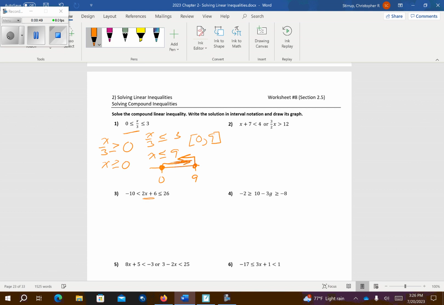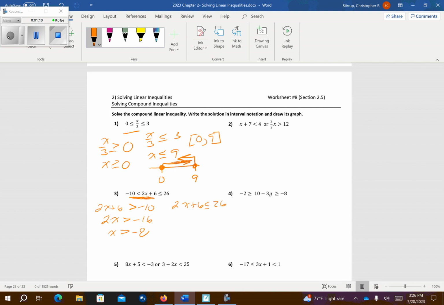Number 3, I'm going to write this first part. I'm going to flip over first thing, subtract 6 from both sides, divide each side by 2, and then I'm going to write this middle and the end.